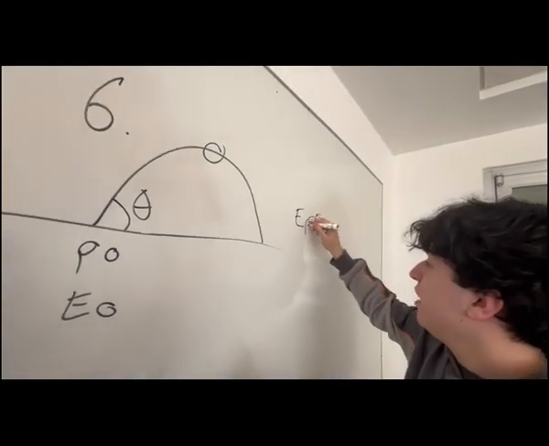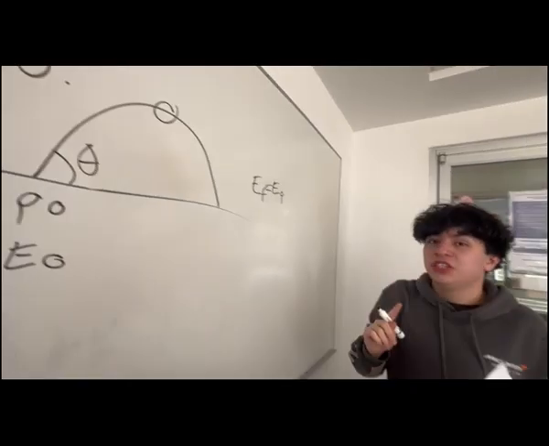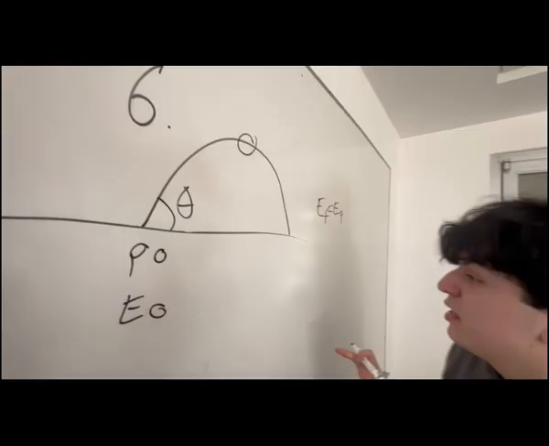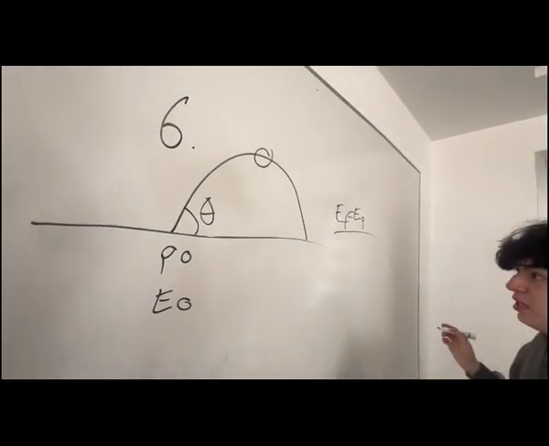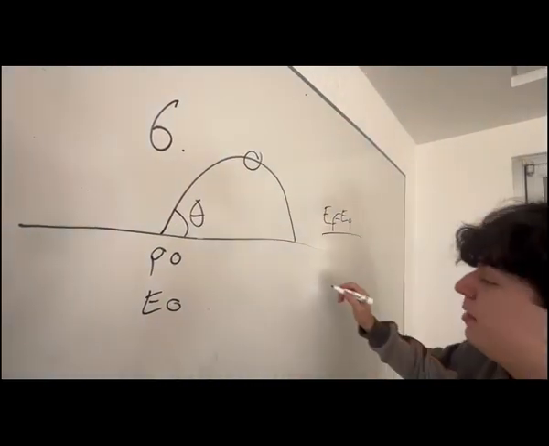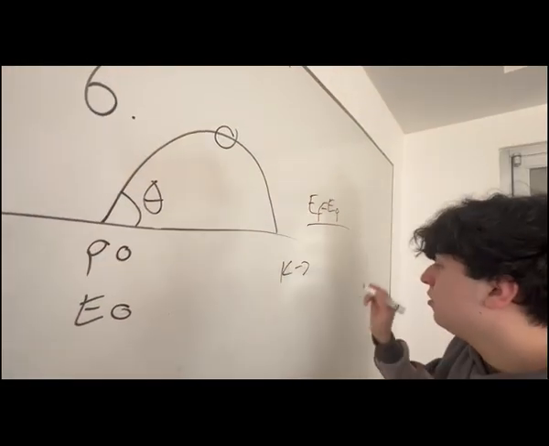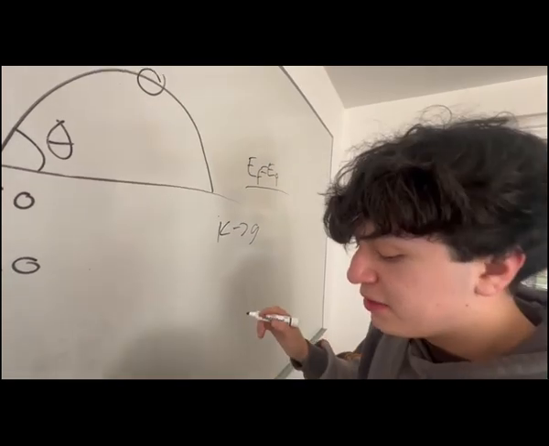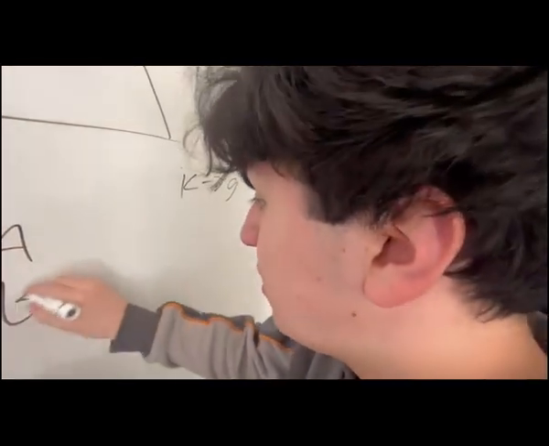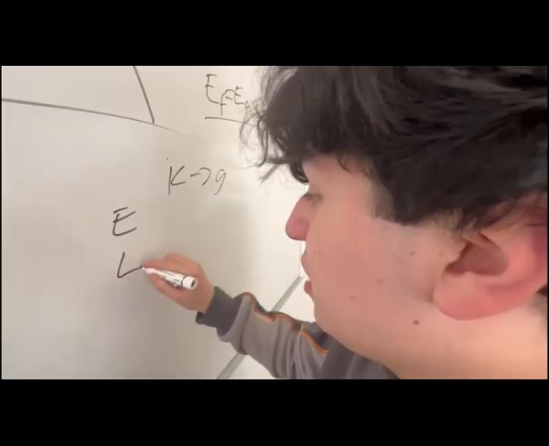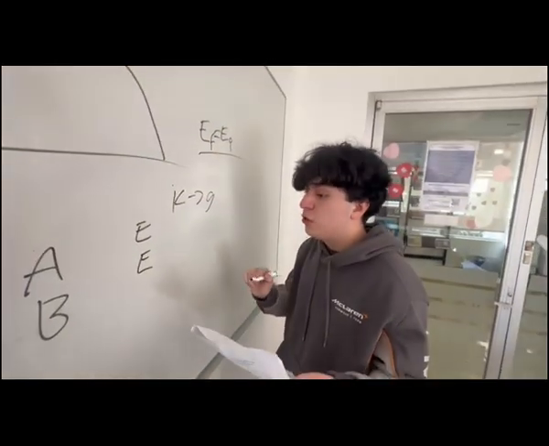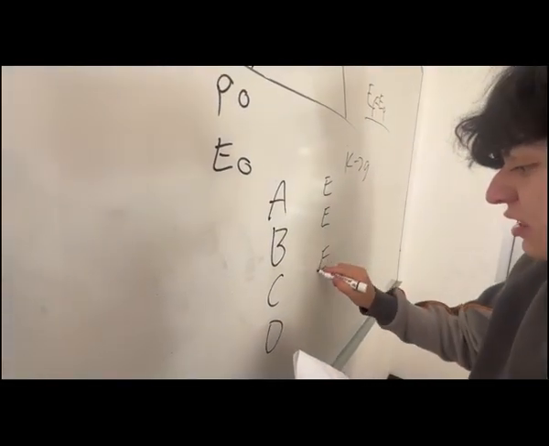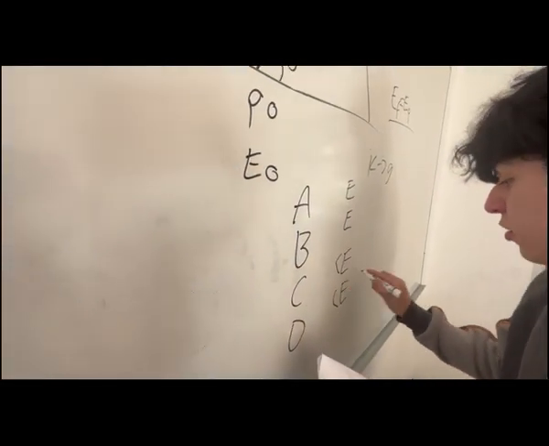The final energy is equal to the initial energy. Why? Because there are no external forces that affect our energy. It's only changing from kinetic to gravitational. So we could say that A and B, where the energy is conserved, are the correct answers, while C and D, where the energy is not conserved, are incorrect.